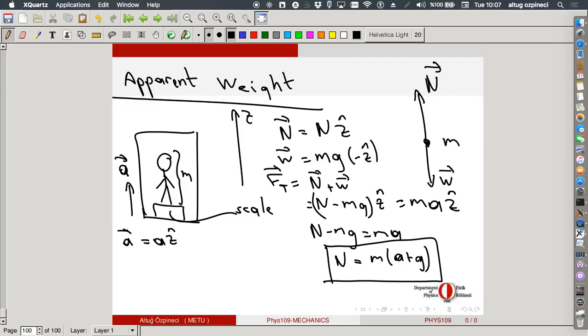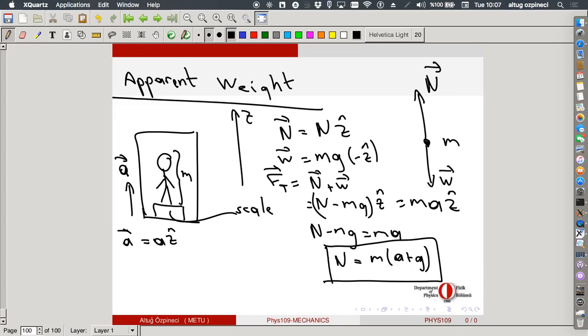So you can just imagine that you reach the second floor and the elevator is stopping. You are moving upward, but your acceleration is downward. So in that case, a is just negative. This result will still be true, but in this case, a will be negative. That will be the only change. Since if you are accelerating downward, a is negative, you will appear lighter than when the elevator is going up.